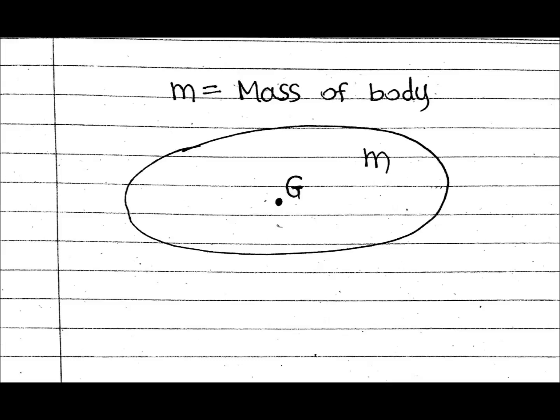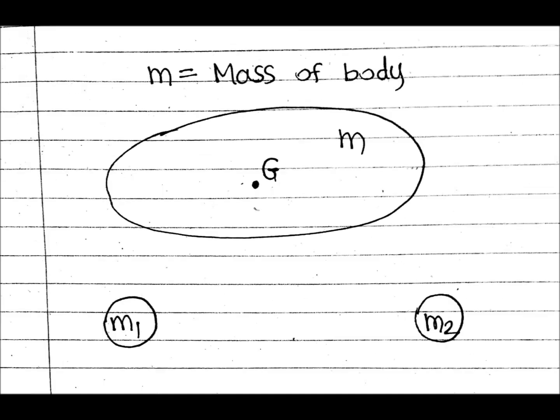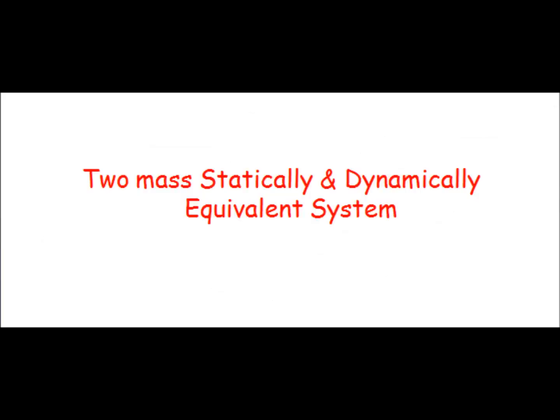What we have to do is, whatever single rigid body of irregular shape we are having, we have to convert it into two separate point masses. And those two separate point masses should behave in the same manner as the original rigid body. Our today's topic is two mass statically and dynamically equivalent system.